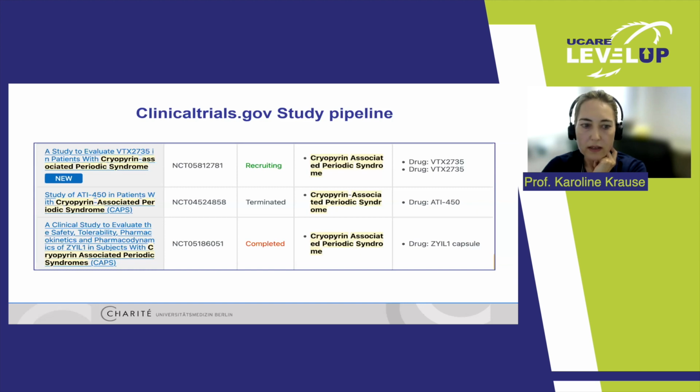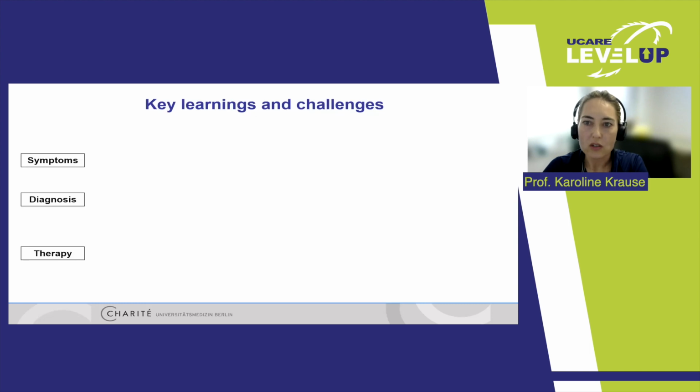It's a phase 1 study in CAPS patients. So there is hope that we might get further drugs, and maybe also for cases where we do not have anything approved yet.